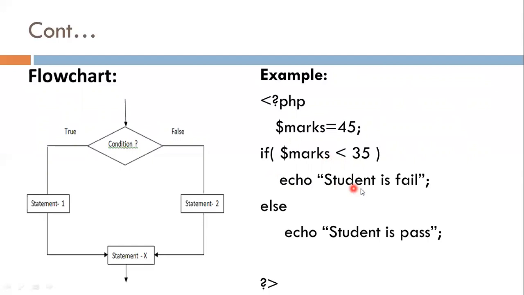This statement is not executed and it goes directly to the else part, and this statement is executed: student is passed. Obviously 45 marks is greater than 35 and the student is passed, so the message will come: student is passed.